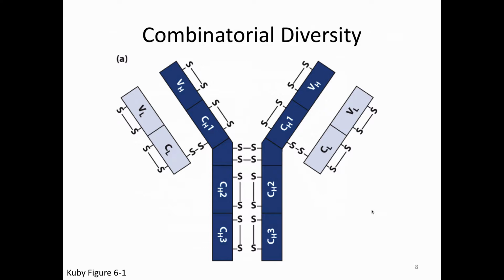So just by combining different heavy chains and light chains together, and with each different combination giving us a different antibody with a different specificity, we can get a much bigger number of antibodies with a somewhat smaller number of genes. Is this making sense? So that's kind of the first level of combinatorial diversity.